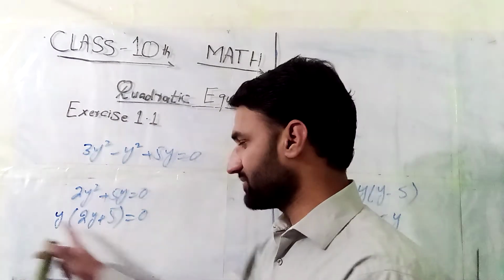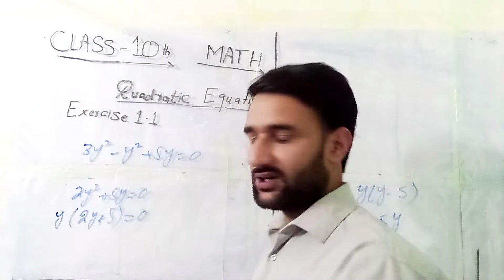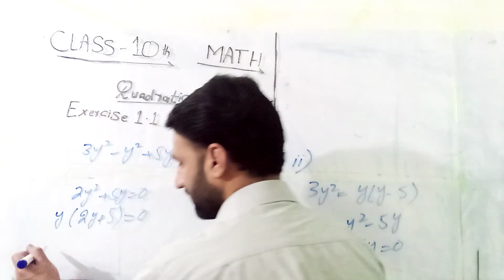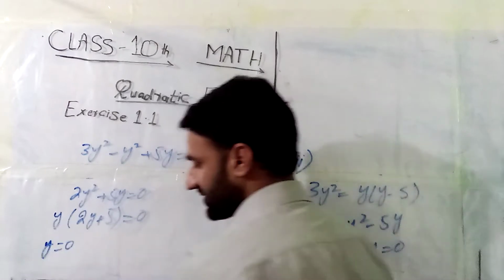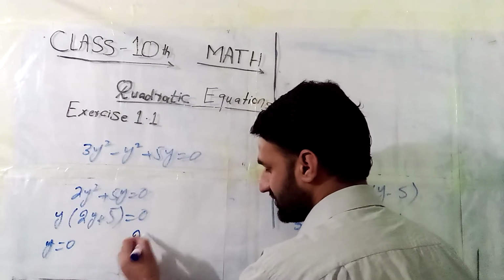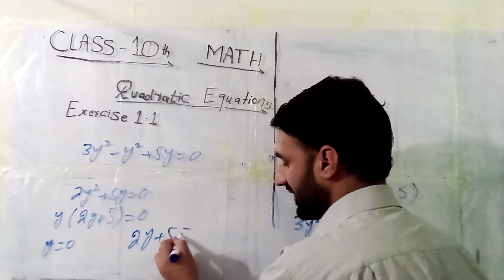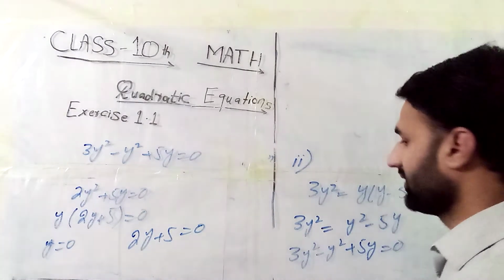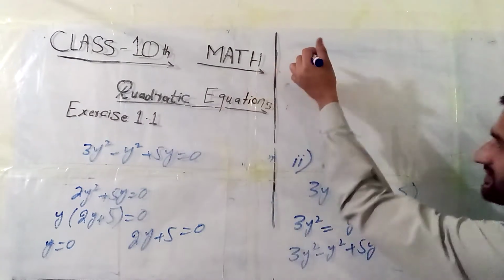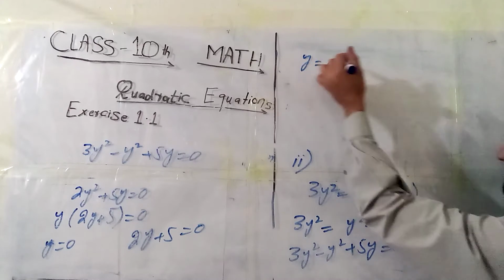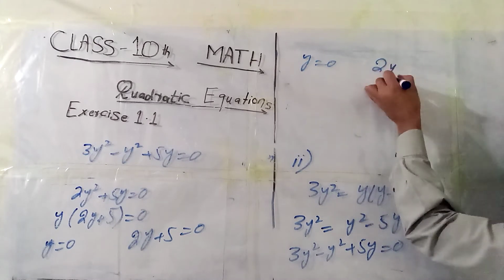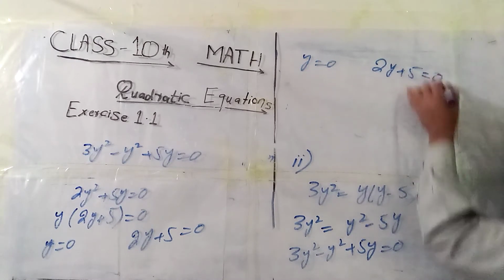So we can separate because the product on the right side is 0. Then we can notice that y is equal to 0, and second, 2y plus 5 is equal to 0.